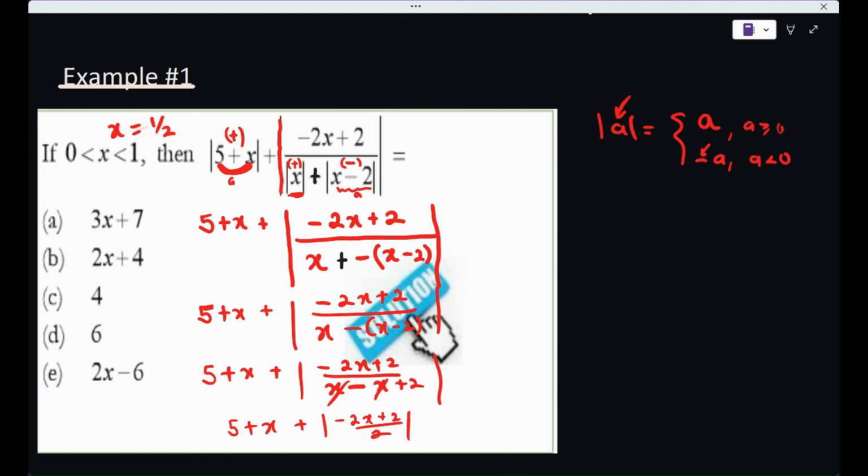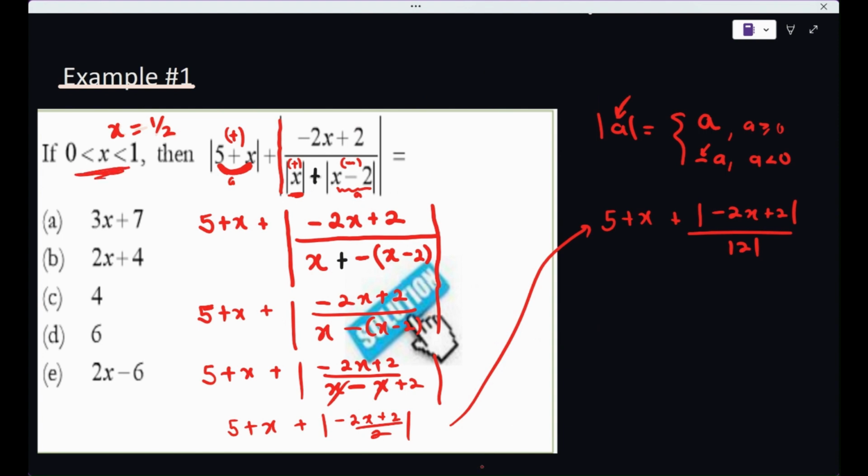And what did we say about the properties? We can write this as 5 plus x plus, and I told you before that anytime you divide, you can write this as the absolute value of 2x plus 2 over the absolute value of 2. This is one property of absolute value, right? Now, don't forget that this condition has not changed.